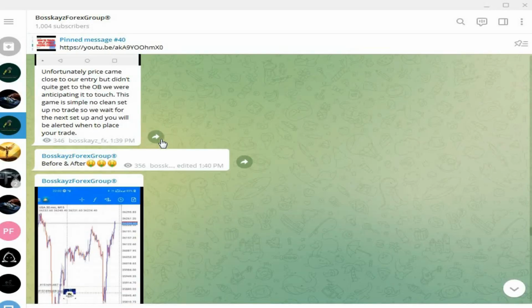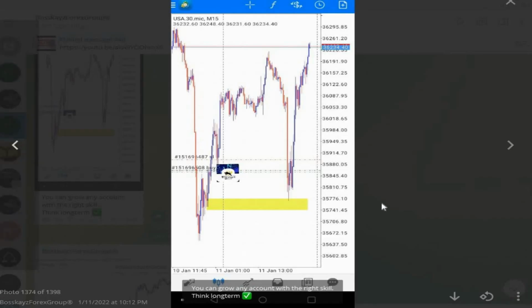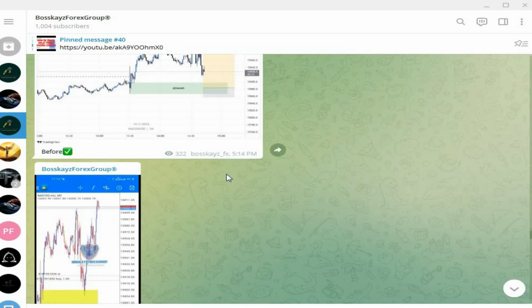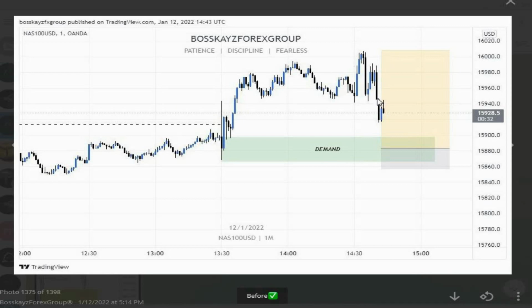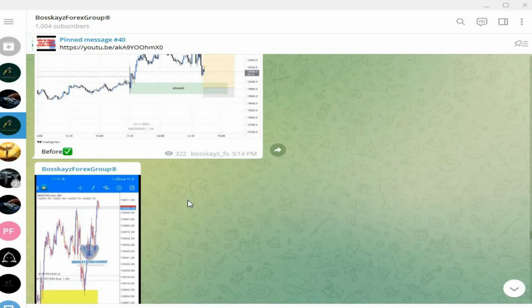As you can see again, guys, this is US30, the buy which we took, and this was the zone. So when we saw the change of structure here, the chop, that's when we took our trades. So as you can see, this was Nasdaq, guys, sorry.